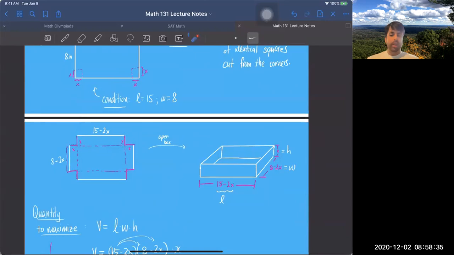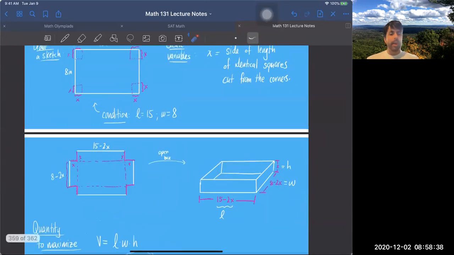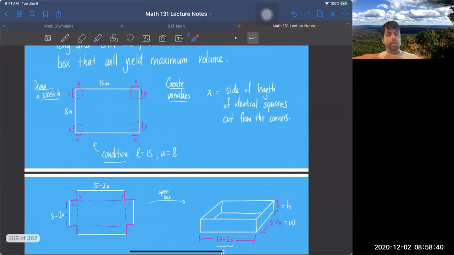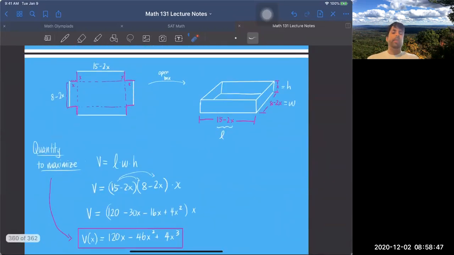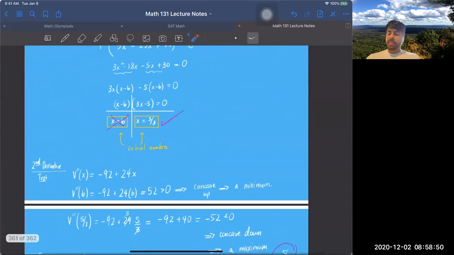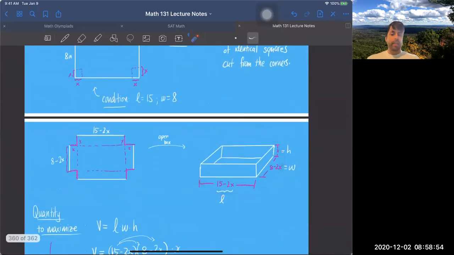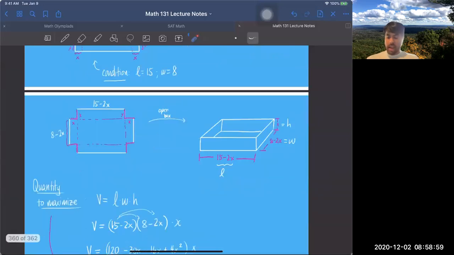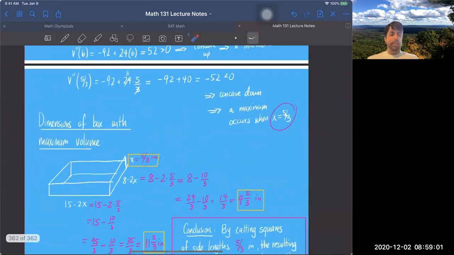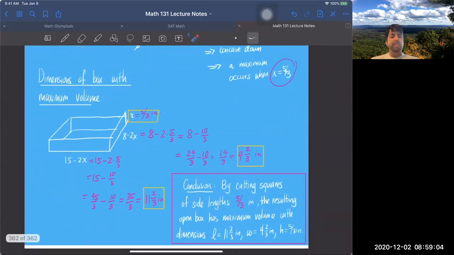It's just by the way we constructed this box. We constructed it from a rectangular cardboard, cut away the corners, opened the flaps up and connected them. So the question was, what are the dimensions of this box so that the volume is the maximum volume? And it would have to be exactly what we found, these dimensions, because of the first derivative, second derivative test, and so on.